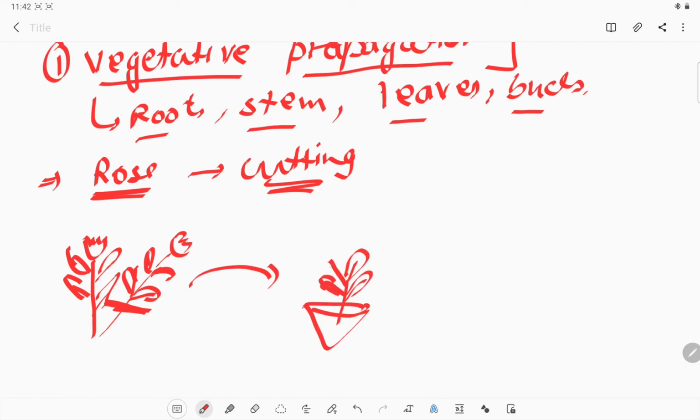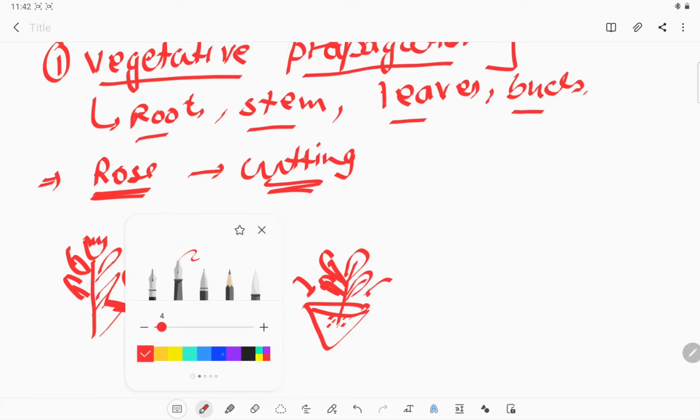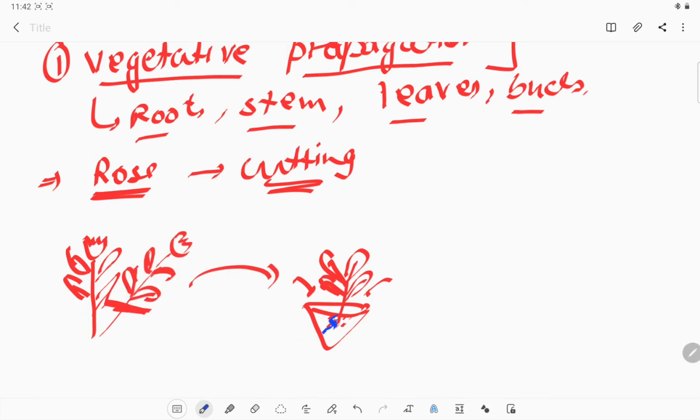Bury the stem into the soil and then add some water to it. Normally how you grow your plant, the same process, nothing else you need to do. After some time you will see that this plant will start developing roots from this stem portion, and it will grow into another individual.